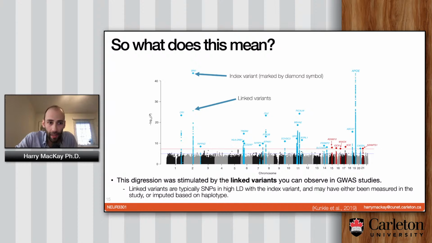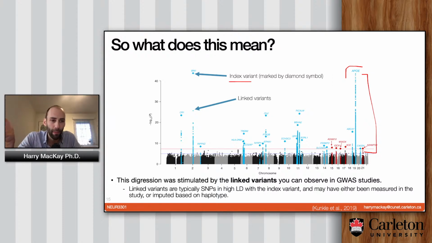So what does this mean? I digressed a great deal, but we were trying to get at something about this Manhattan plot. The reason you see one SNP on top of a pile of other SNPs is because those SNPs below the top one are in LD with this index variant. And if they're in LD, it means they're part of the same haplotype block.